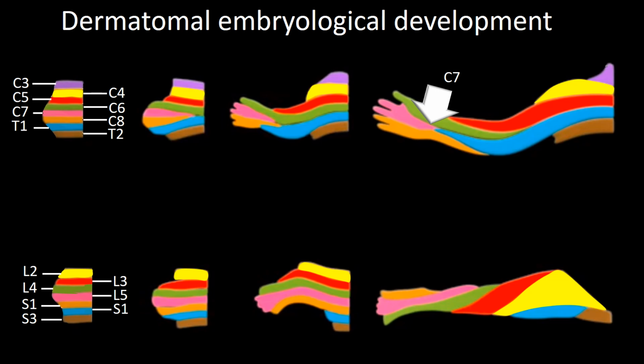Notice that C7 is confined to the hand, but its equivalent in the foot, L5, is not confined to the foot. Also notice that C6 is lateral to C7, but in the foot, L4 is medial to L5.